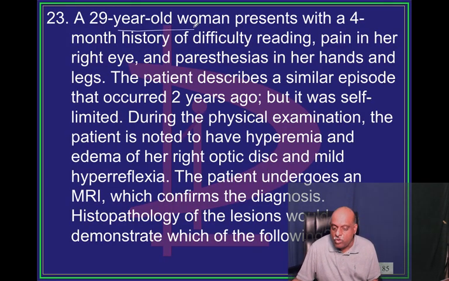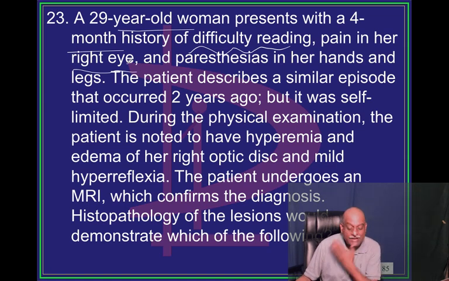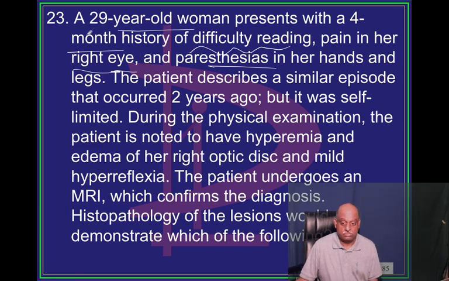A 29-year-old woman presents with a 4-month history of difficulty reading, pain in the right eye, paresthesia in her hands and legs. Difficulty reading, optic nerve. Pain in the right eye, okay, painful optic neuropathy. Paresthesia in the hands, that involves nerves. Anatomically, where is the optic nerve, where is the peripheral nerve?